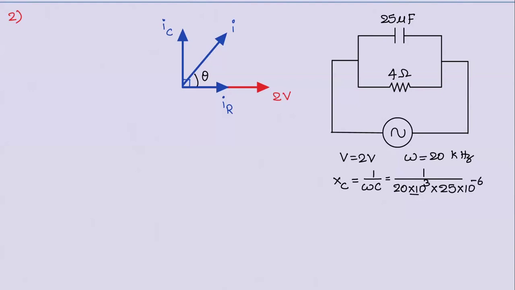If I take 10 power 3 and minus 6, it will be 10 power minus 3. This 10 power minus 3 will go to the numerator, it becomes 10 power 3 by 20 into 25, 500.